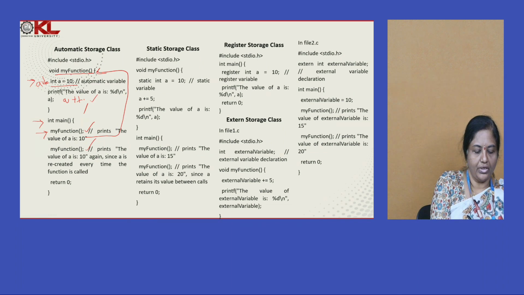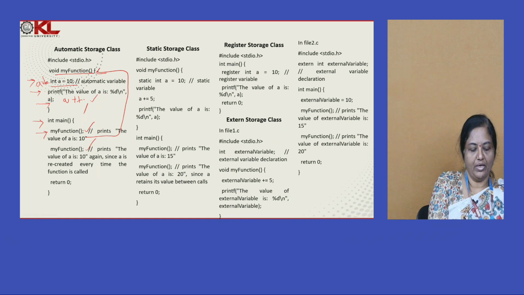Int a is equal to 10, then it prints a value as 10, and then increments a by 1, that is, now a will become 11. Yes, after this, end of the function.